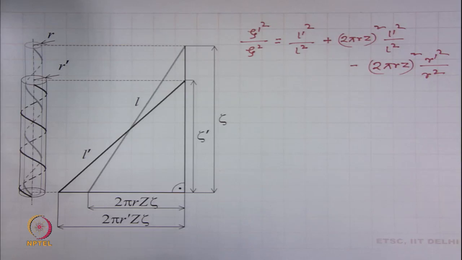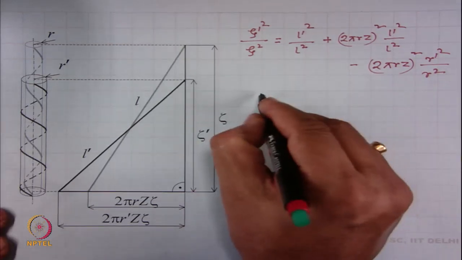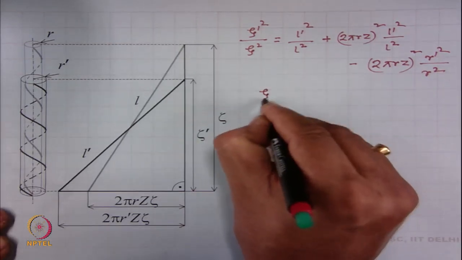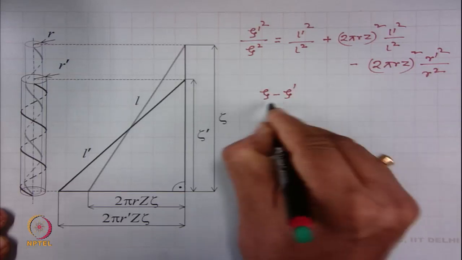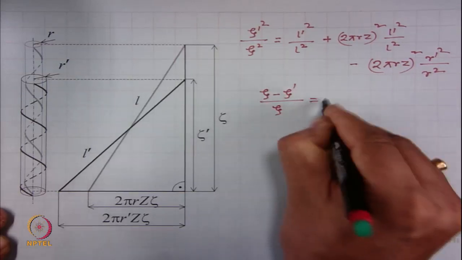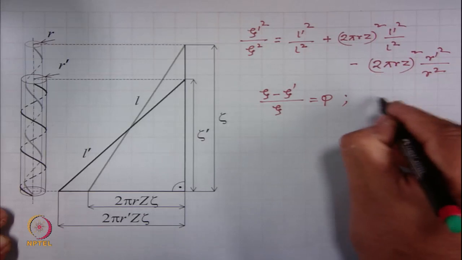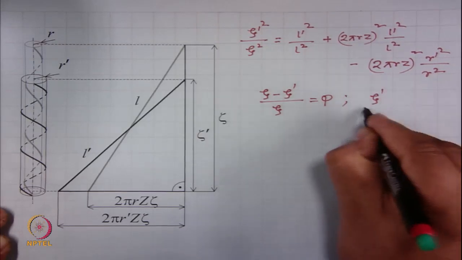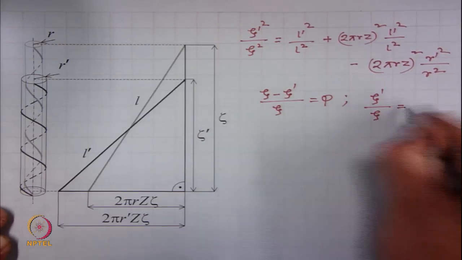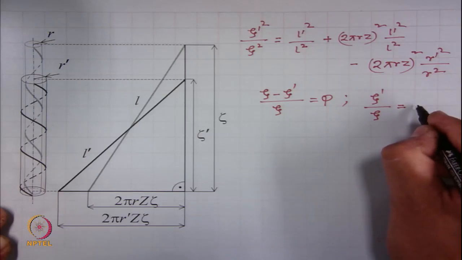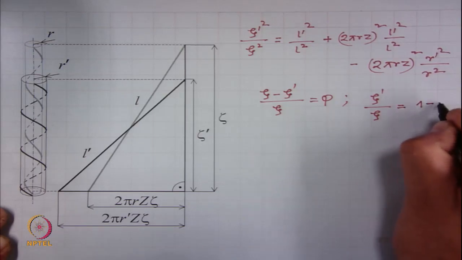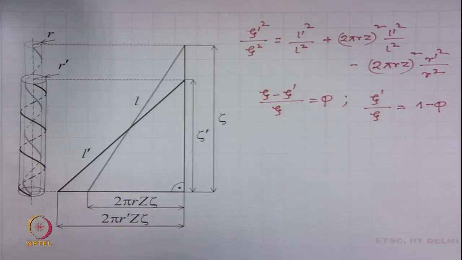All right. How we define shrinkage? Change in length by original length is equal to this. So, this by this is equal to one minus this, isn't it?